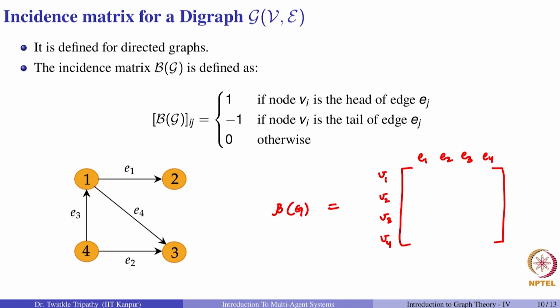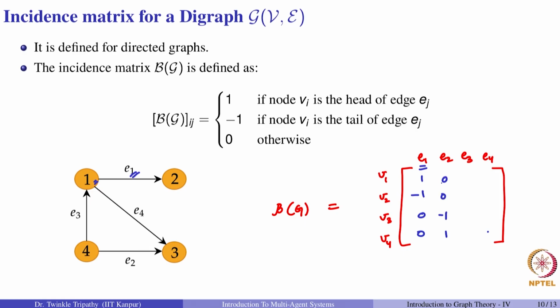So, let us see. Now, if you look at the first edge here, which is E1, we see that it starts at 1. So, we assign a +1 here, and it ends at 2, we assign -1 here, and rest of the entries become 0. For E2, it starts at 4, here, and ends at 3.